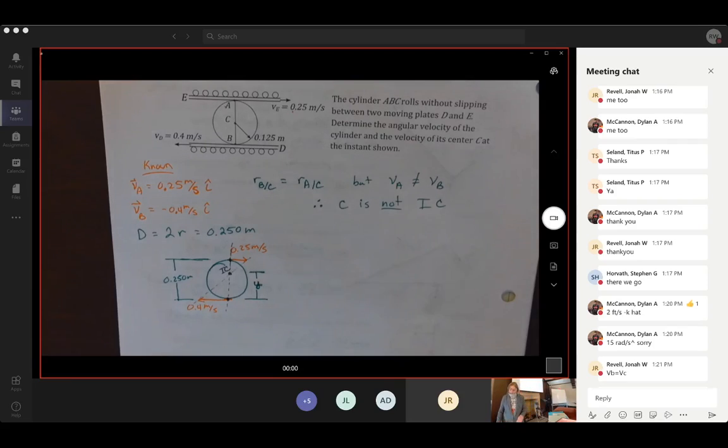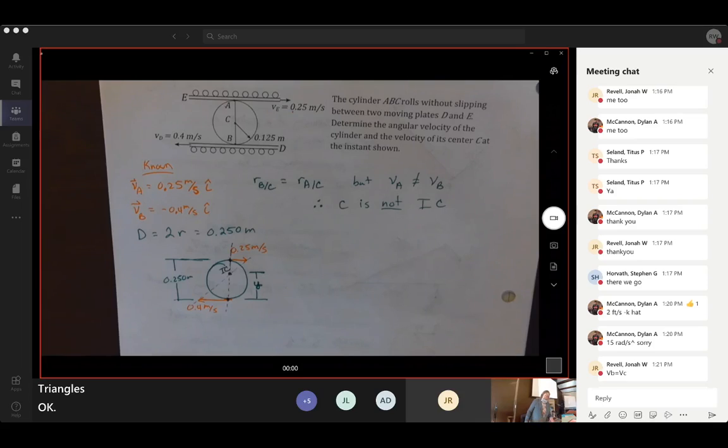So how did we say we find where the IC is with this? Similar triangles. Okay.